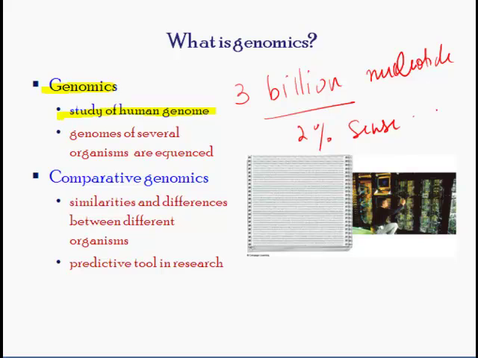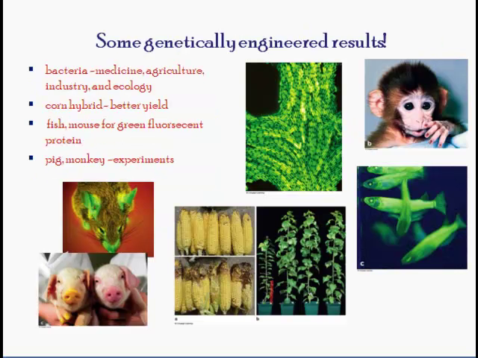The other 98% is just there for other reasons, also to depict variation during DNA fingerprinting. So an entire study is being done in which genomics is used to compare DNA sequences from different organisms, and this helps in developing new drugs, and the pharmaceutical industry is really relying on comparative genomics.